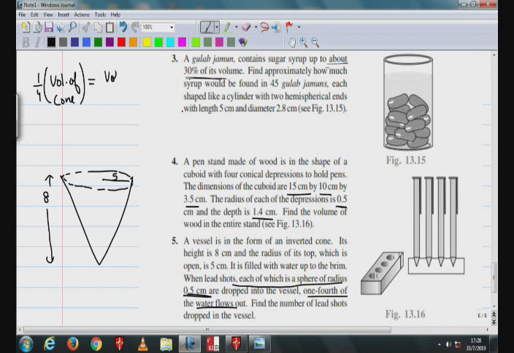So the volume of one lead ball multiplied by n, where n is the number of balls. Volume of one ball into number of balls. So you can write the expression 1/4. Volume of cone is 1/3 pi r square h. And the volume of one ball is in the shape of a sphere.